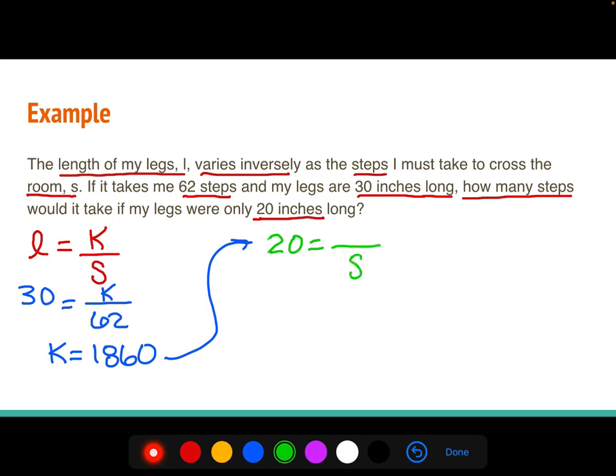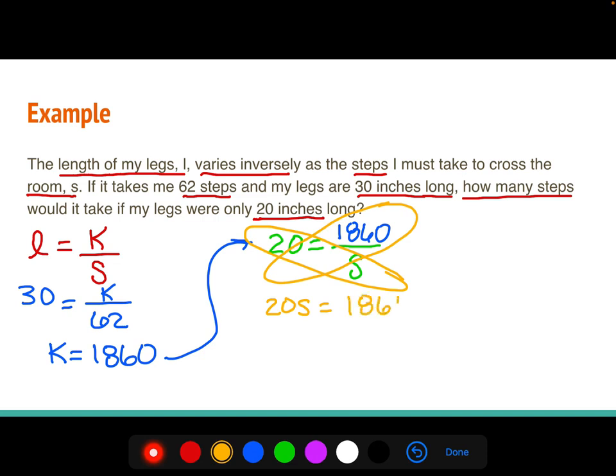The last part says, how many steps would it take if my legs were only 20 inches long? So I'm going to go back to my formula. I want 20-inch long legs, I want to know how many steps, and I know K. I changed it from 30 inches to 20 inches, so that means the steps are going to change. But we do know how to solve this. We can cross multiply.